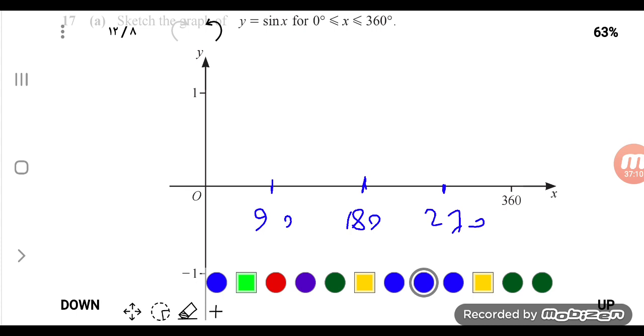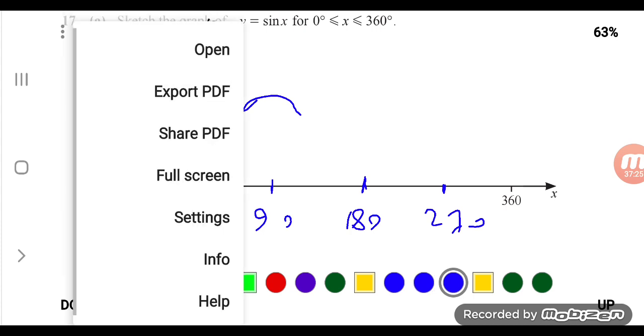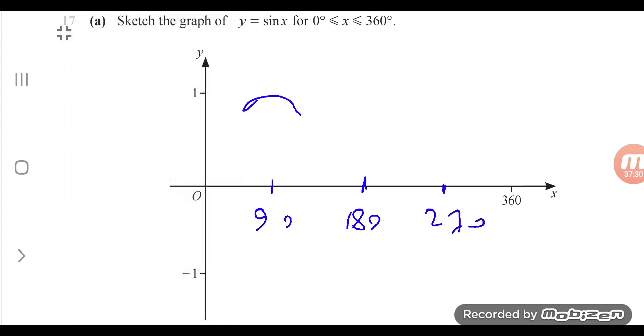Now, the sine function has maximum at 90 degrees. So here it has maximum. And minimum at 270 degrees. So here it has minimum. Then you connect like this. And that is the graph.